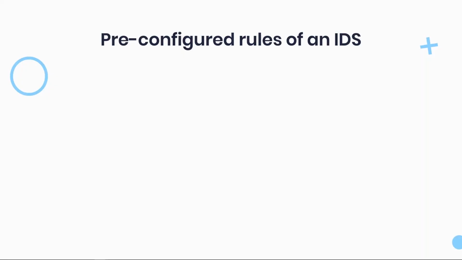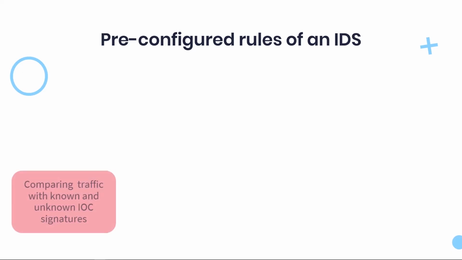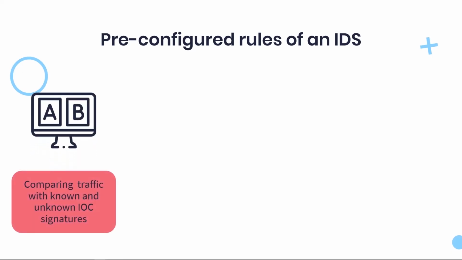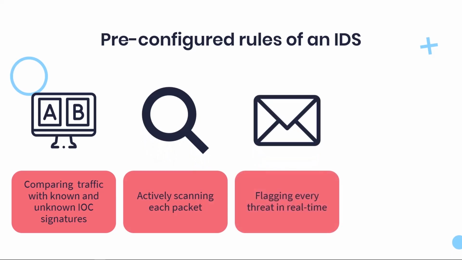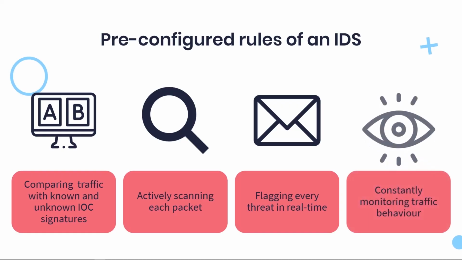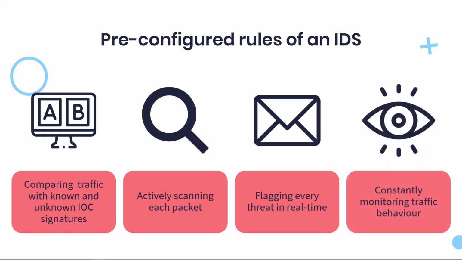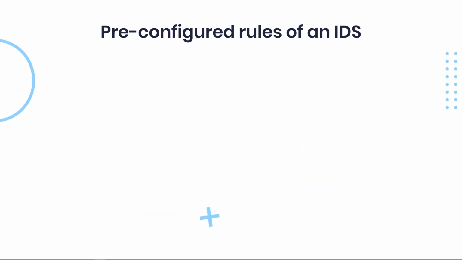The IDS operation is based on a set of pre-configured rules, such as comparing traffic on the system with known and unknown IOC signatures, actively scanning the content of each packet once it enters the network, flagging every threat in real time and associating that threat with an IOC, and constantly monitoring traffic behavior to detect malicious activity.